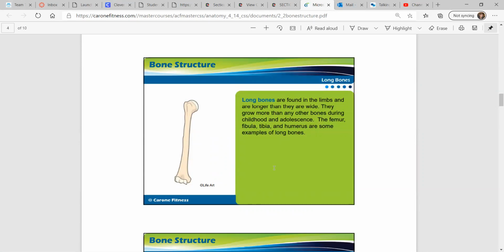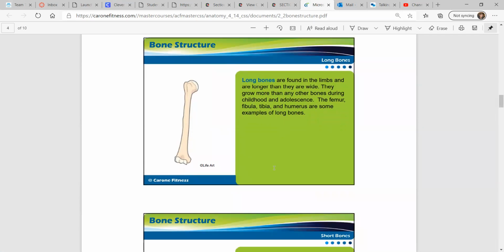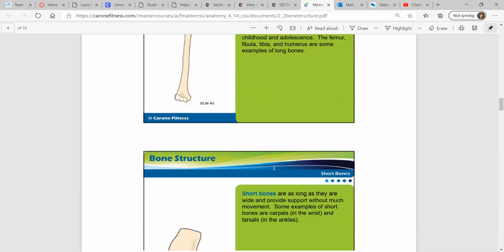They grow more than any other bones during childhood and adolescence. The femur, fibula, tibia, and the humerus are some examples of long bones.